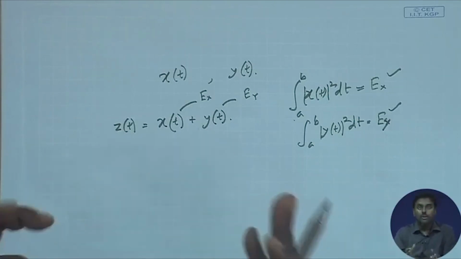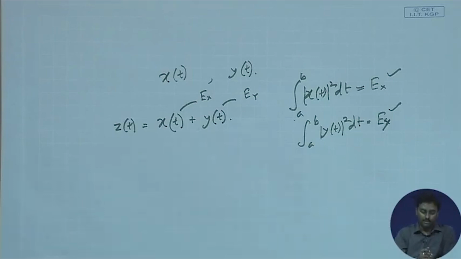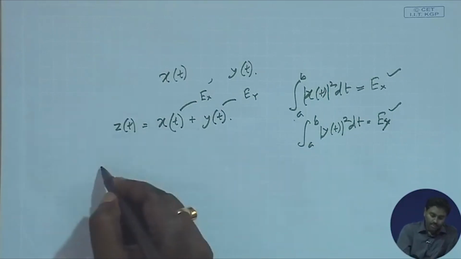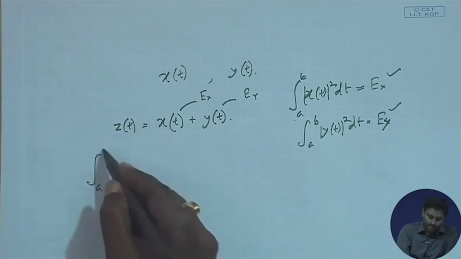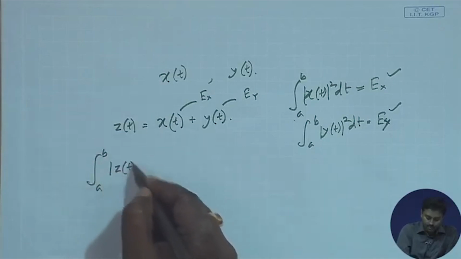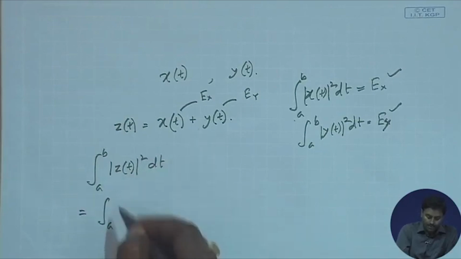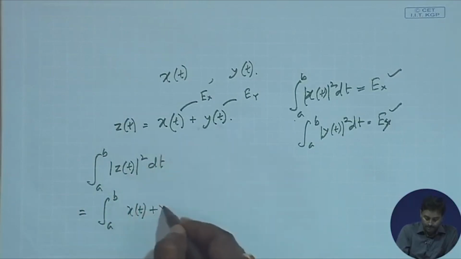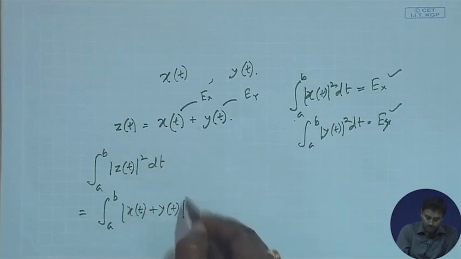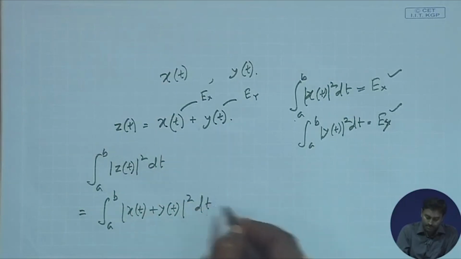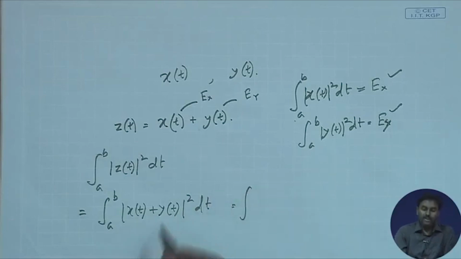So, does orthogonality give me some idea of these things? Let us try to see. Energy of z(t), what does that mean? It is the integral from a to b of modulus z(t) square dt, right. That actually means the integral of modulus of x(t) plus y(t), whole square, dt. Now, expand this.